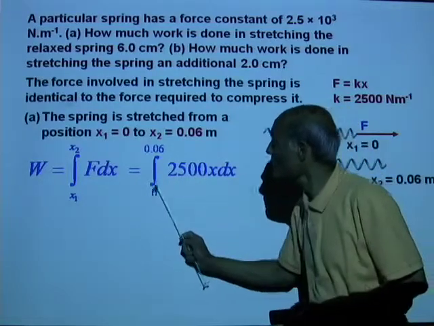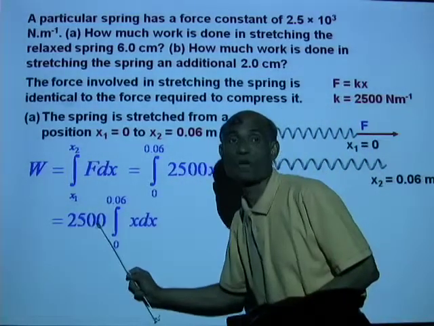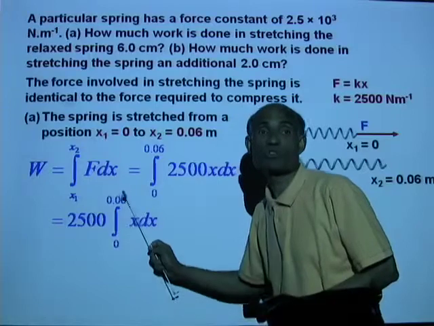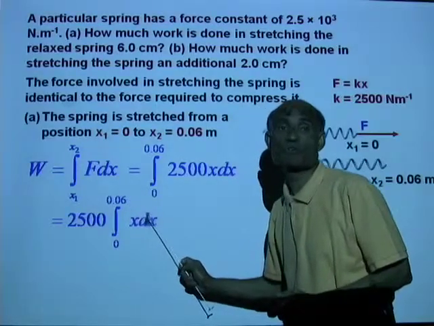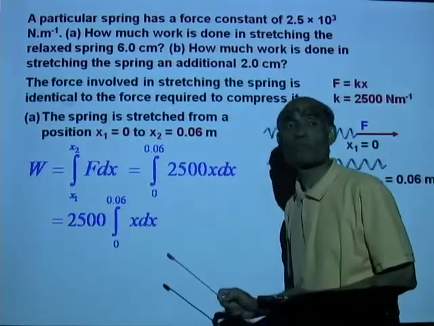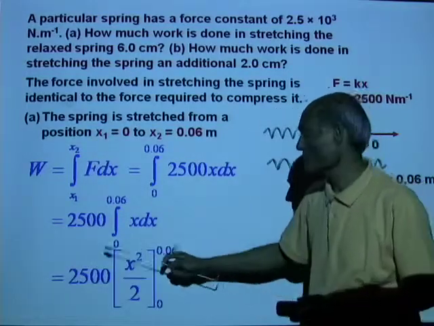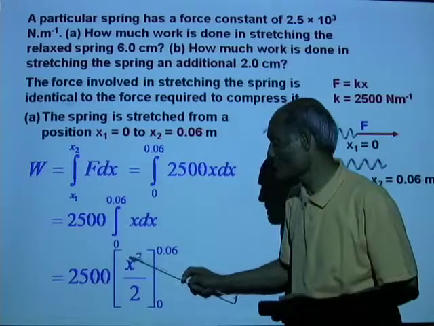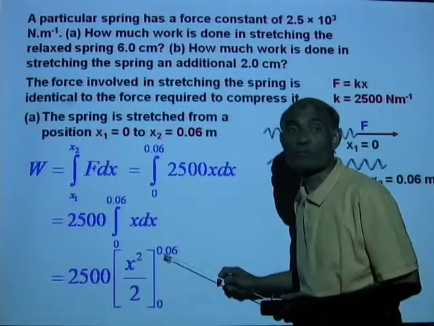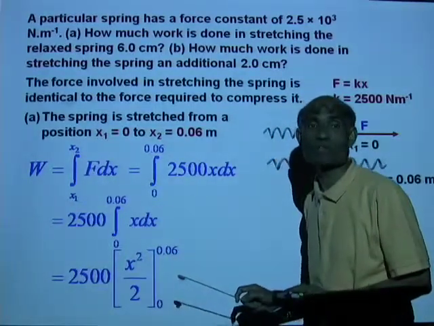And 2,500 is a constant that comes out. And integral 0 to 0.06 x dx. And integrate x dx, we will get x squared over 2. That will be 2,500 x squared over 2 from 0 to 0.06.